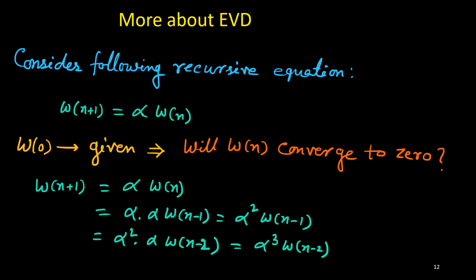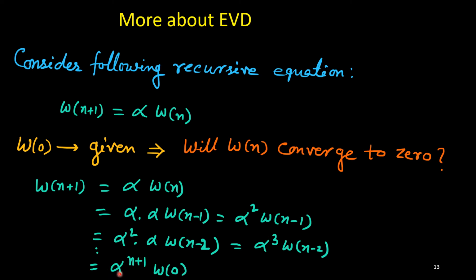In this way you will get alpha to the power n plus 1 times W of 0, where W of 0 is the initial value.